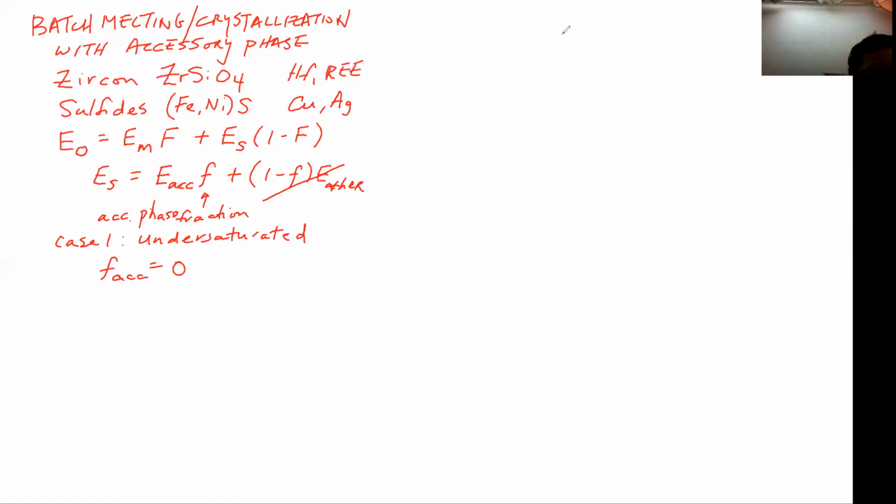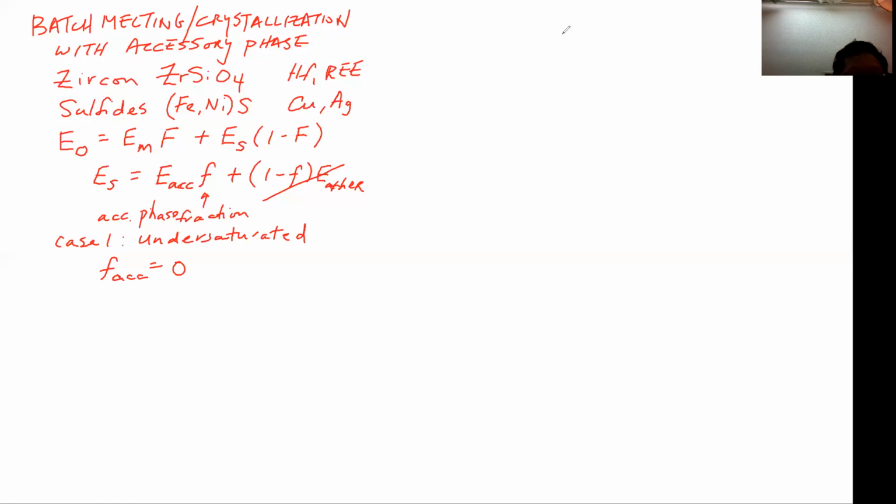This f accessory is the same thing as my f up there, just so you know. And if I make that 0, then it turns out the first equation up here, the only term that matters is the first one. E0 is equal to E of the melt times F.